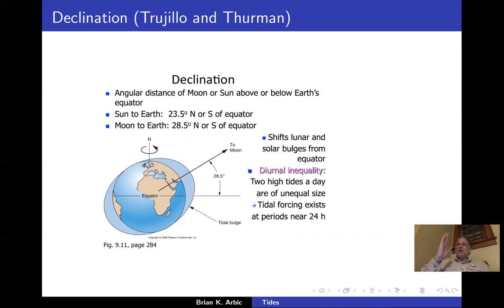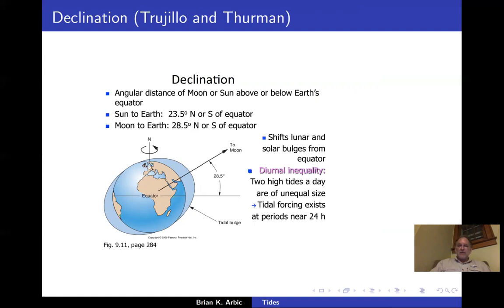And the Earth's spin axis is tilted with respect to that plane by 23.5 degrees. That's called obliquity. And the plane of the moon's orbit to the ecliptic is tilted by 5 degrees. So if you take 5 degrees and add that to 23.5 degrees, you get 28.5 degrees.